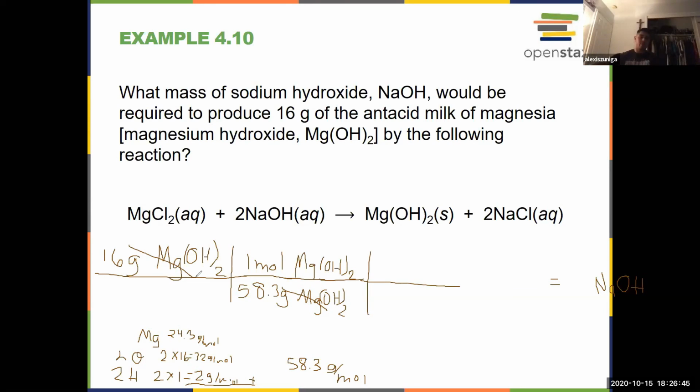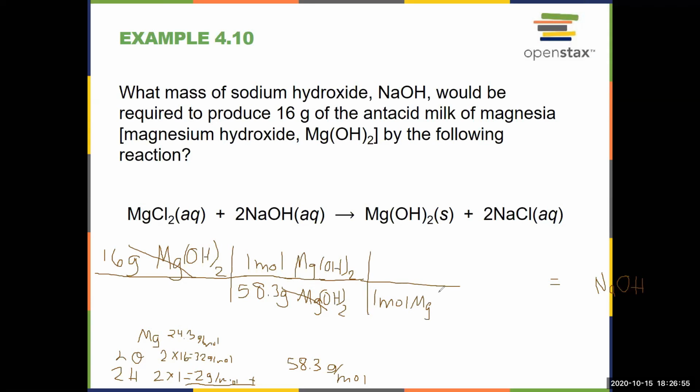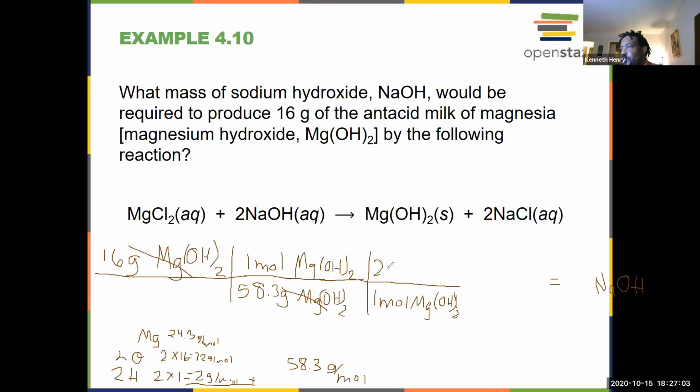The mole ratio, which is 2 to 1. So for 1 mole of magnesium hydroxide, there are 2 moles of sodium hydroxide. Okay, I get it.